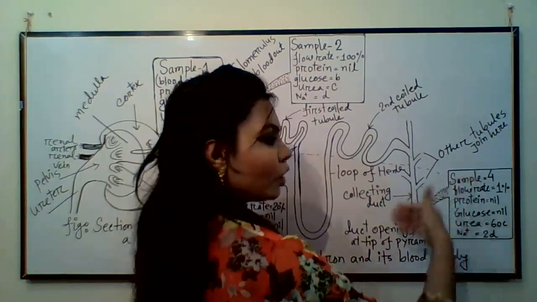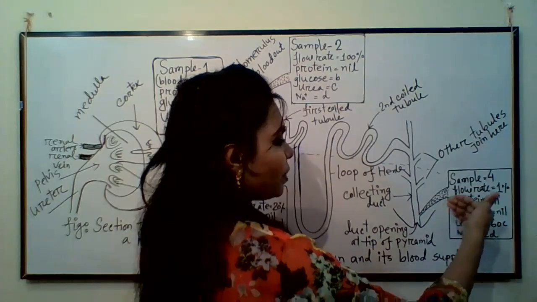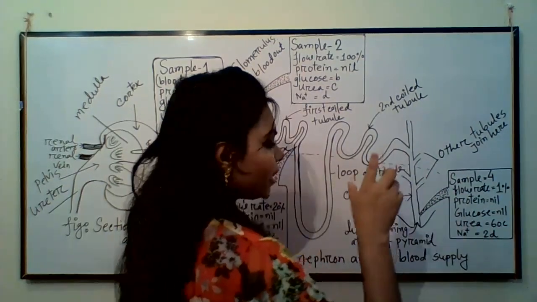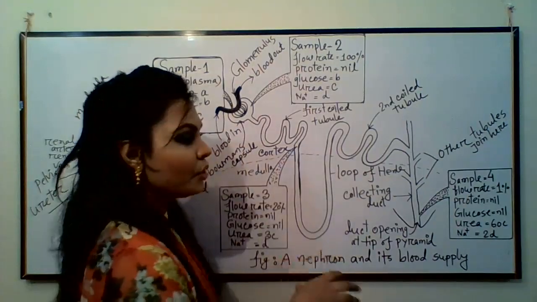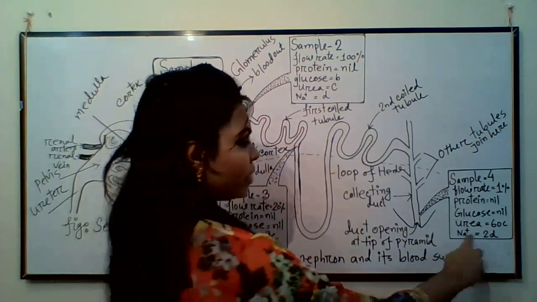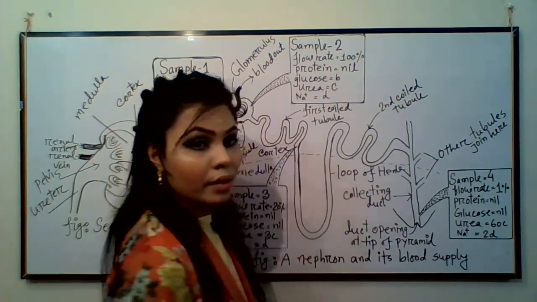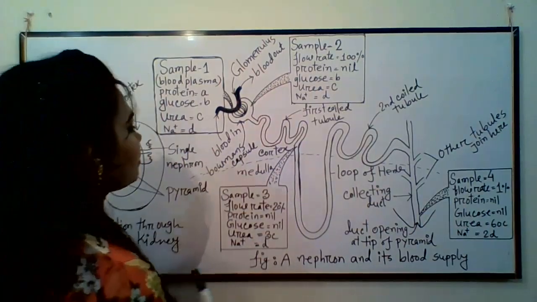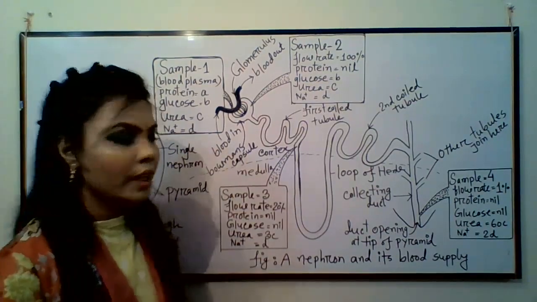And protein is also 0, the percentage of glucose is 0. Finally, the urea is 60 times more concentrated and sodium ion is double here. Okay, so again I'm going to the summary.